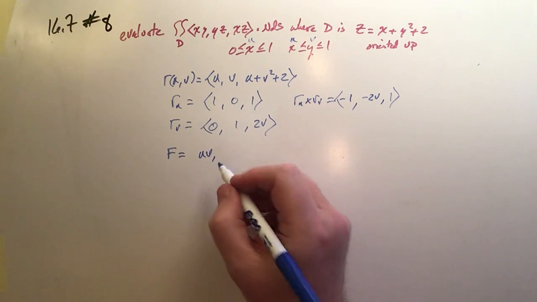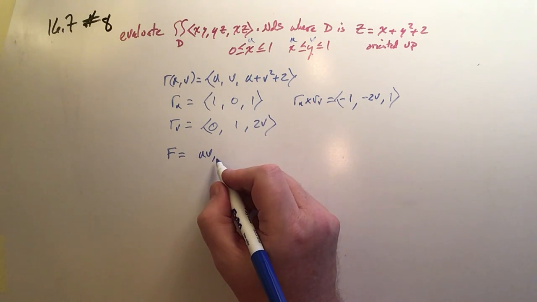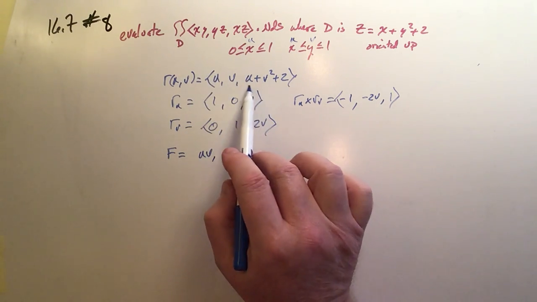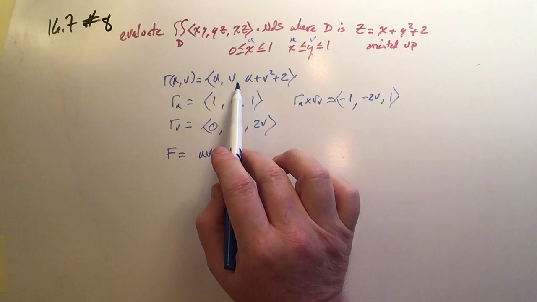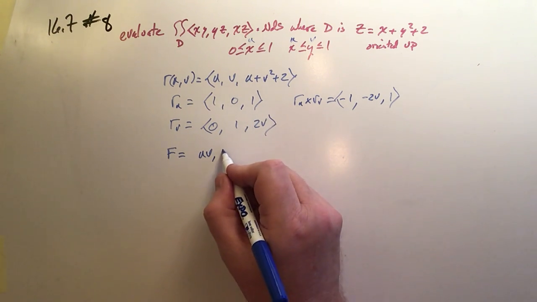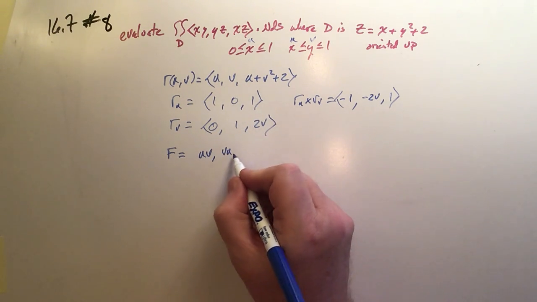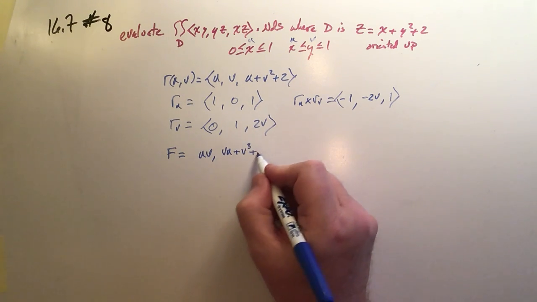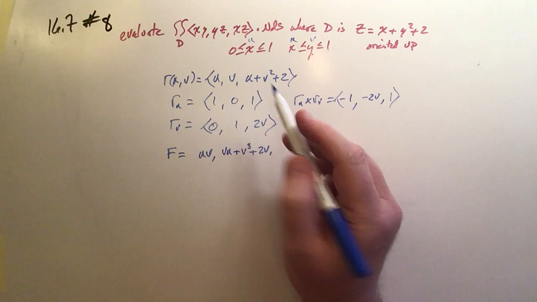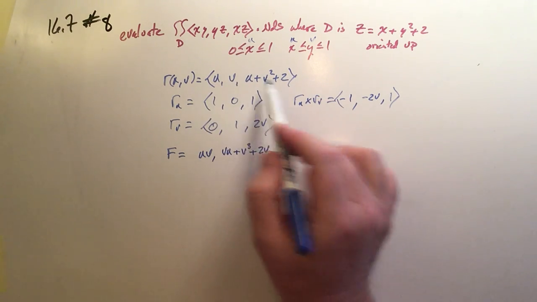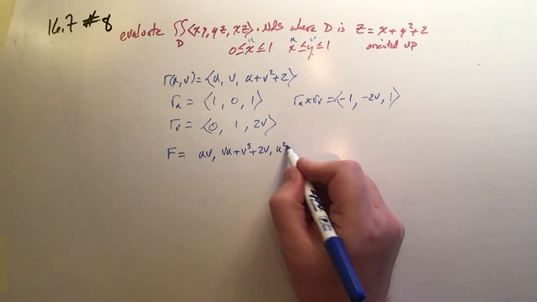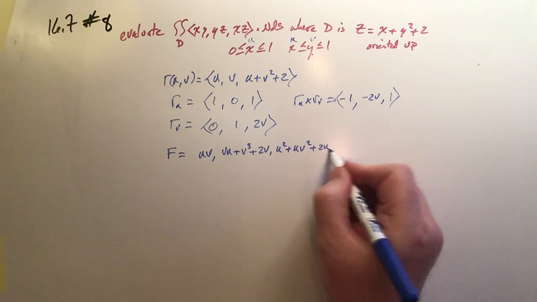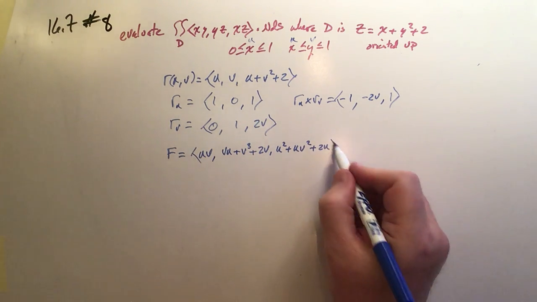We've got yz, which is v times all of this, so it's vu plus v cubed plus 2v, and then xz, so that's u times all of this, so that's u squared plus uv squared plus 2u. So there it is.